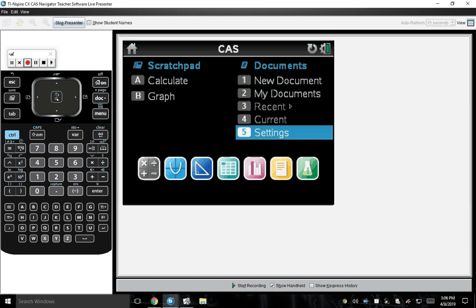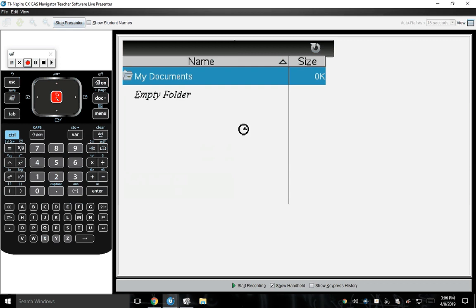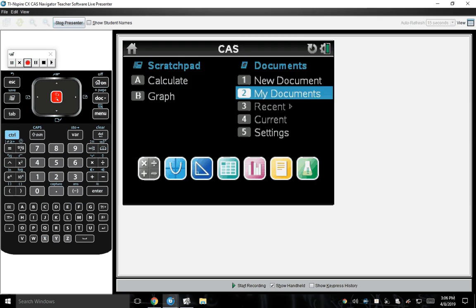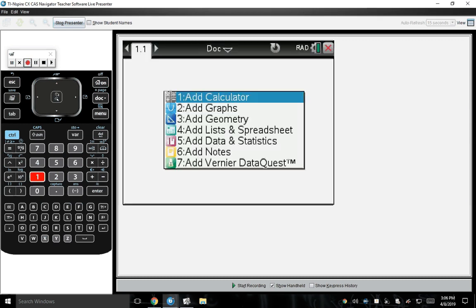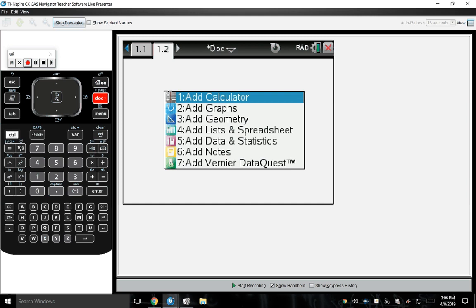Here we go. First of all, what we're going to do is we're going to graph a parametric function. So, home to, menu C, okay, always clear that calculator. Next, press 1 for new document and 1 for a calculator page. Now I'm going to add a graphing page by pressing Control, Doc, which is add a page, and then press 2 for a graphing.